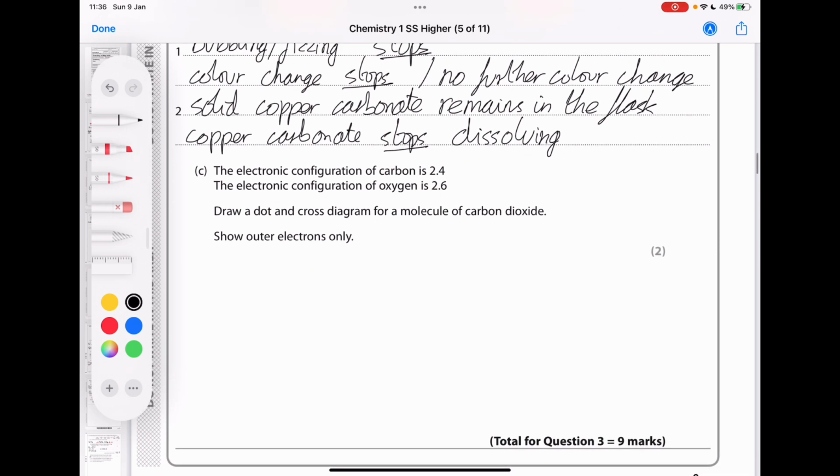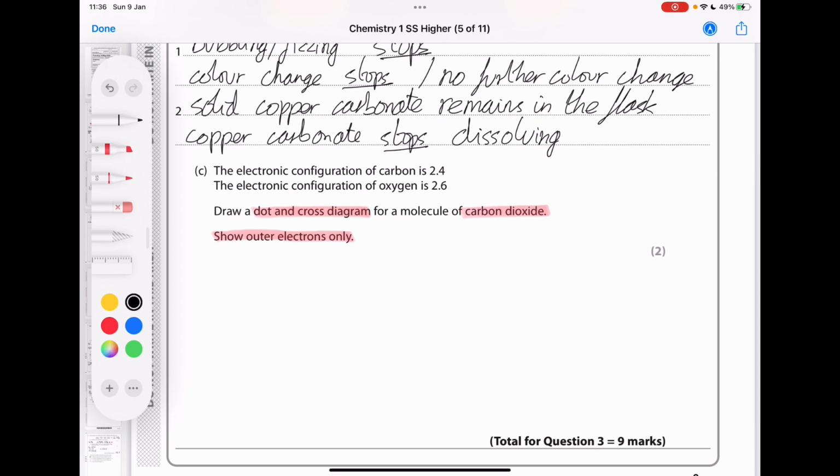Okay, for question C, you are asked to draw a dot and cross diagram for a molecule of carbon dioxide. So this is actually topic 2, the bonding topic. You've been given the electron configurations and asked to show outer electrons only.